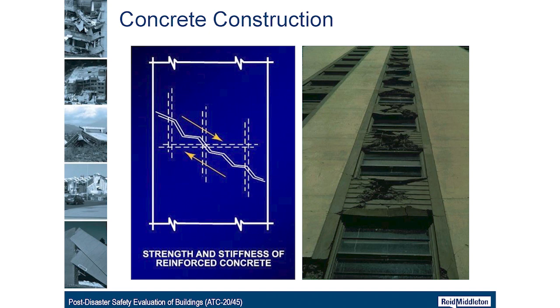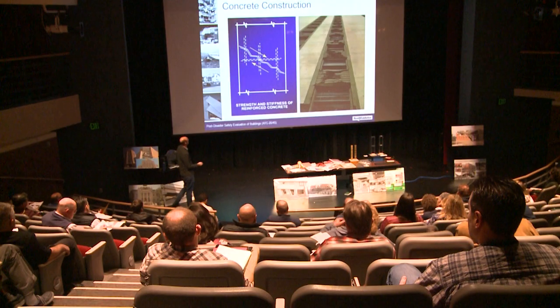And so the key to concrete construction, as Rami expressed earlier, is how it's reinforced. Concrete cracks, and the reinforcement crosses those cracks. So reinforcement crossing those cracks is how reinforced concrete works. It's the concrete in compression and the steel in tension working together in this harmonious reinforced concrete world.